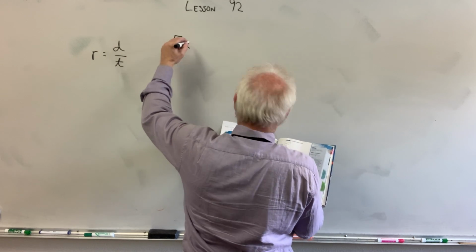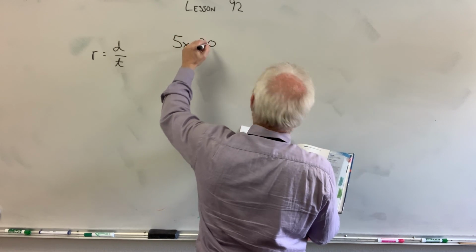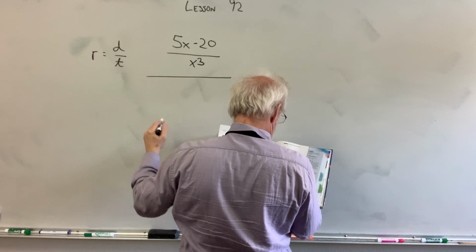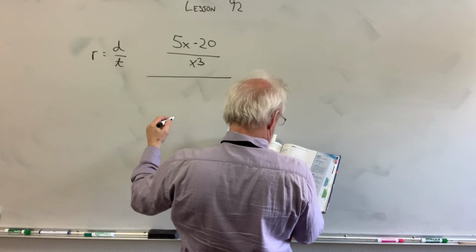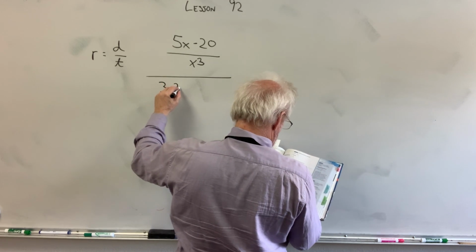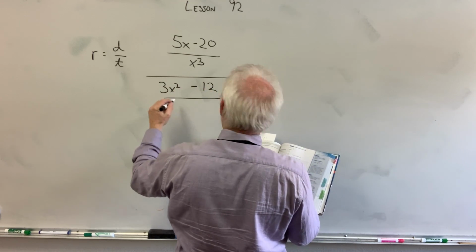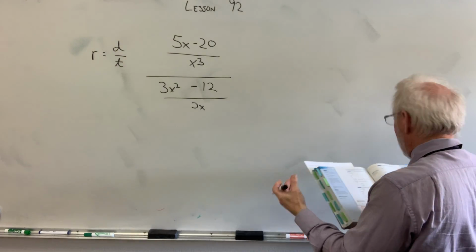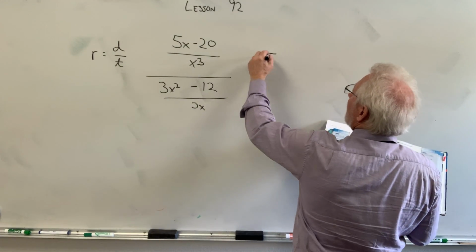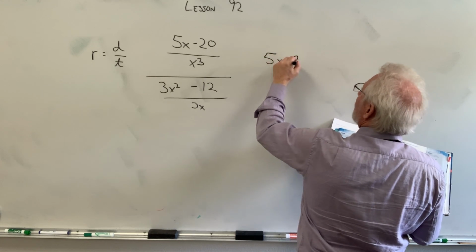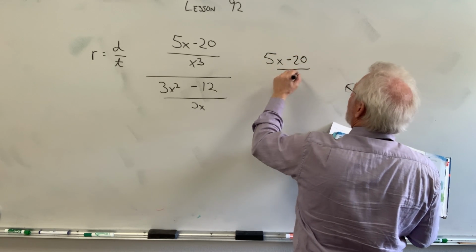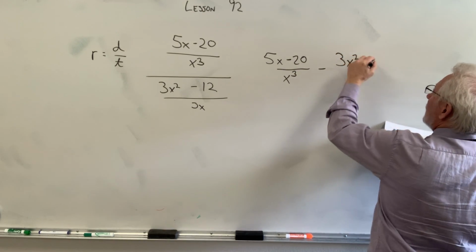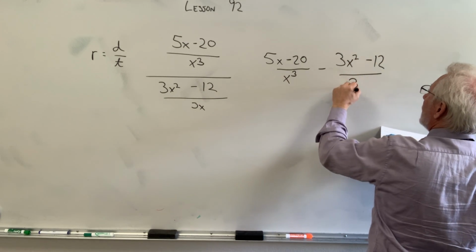But you end up with (5x minus 20) over x cubed, divided by (3x squared minus 12x) over 3x. So again, if you follow it, you turn it into a division problem. (5x minus 20) over x cubed, divided by (3x squared minus 12x) over 3x.